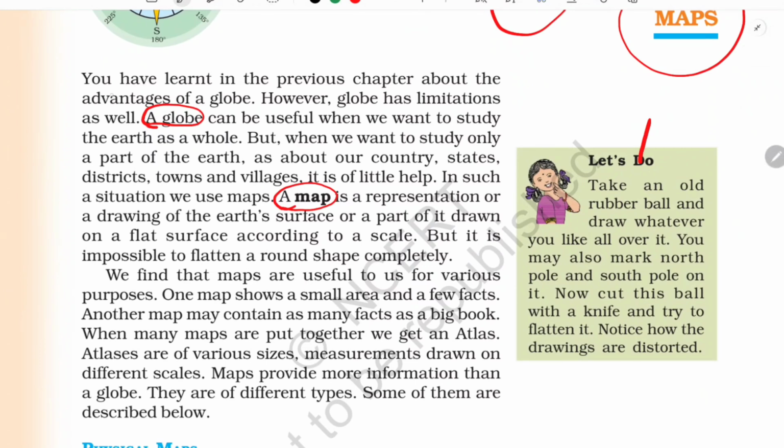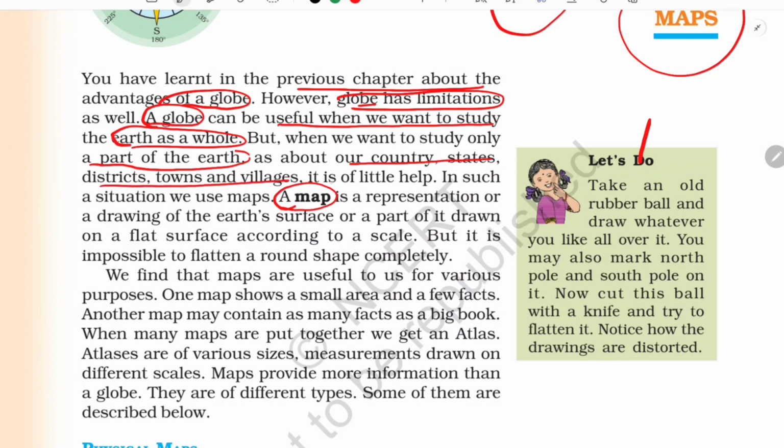So let us start. You have learned in the previous chapter about the advantages of a globe. However, a globe has limitations. The limitation is that it can be useful when we want to study the earth as a whole, but when we want to study a part of the earth, such as our country, states, districts, towns and villages, it is of little help.